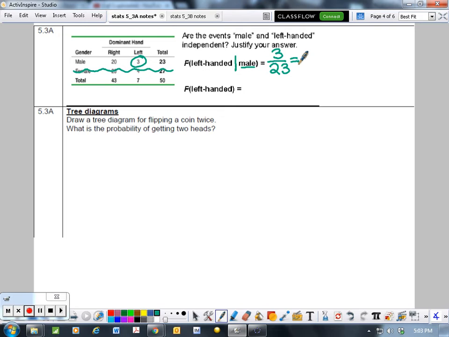So 3 out of 23 is 0.1304. And then the probability of left-handed, so we have 7 left-handed out of 50, is 0.14. Close, but not close enough.